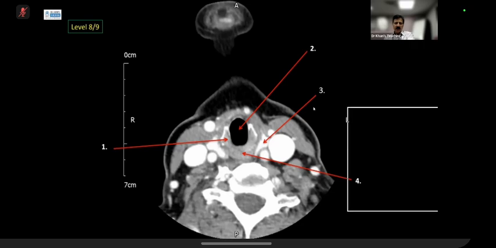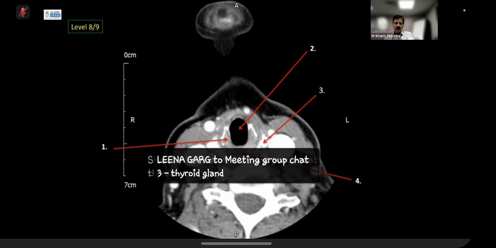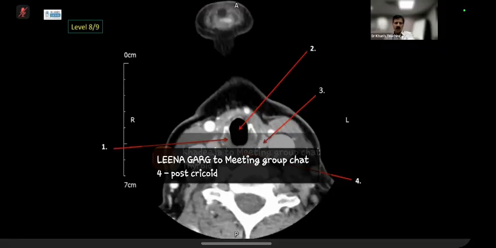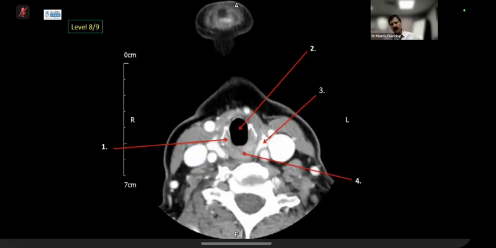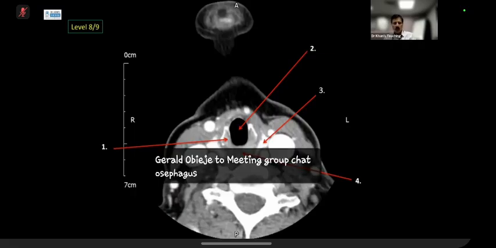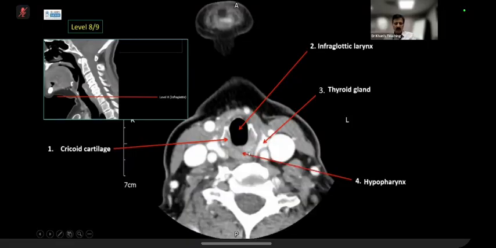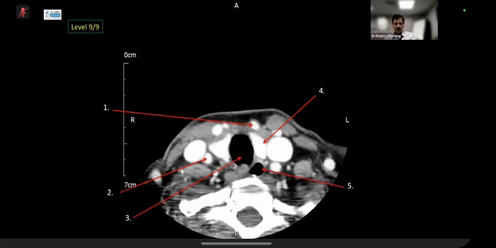And then number three, thyroid, very good. And number four, yeah, so this is the post-cricoid hypopharynx, if you want to call it. And you don't know if the esophagus has just started. You cannot, so just call it post-cricoid. And please remember, there is an entity we call post-cricoid carcinoma.